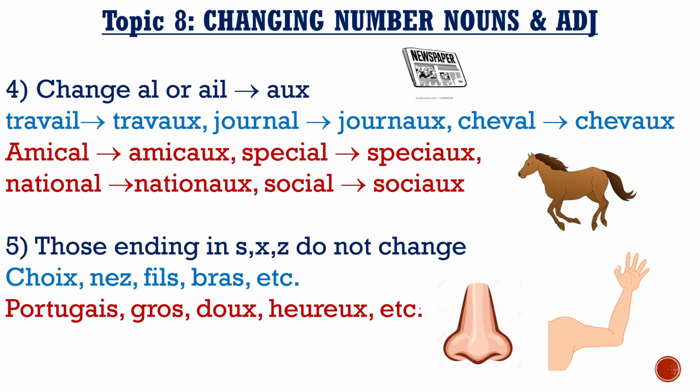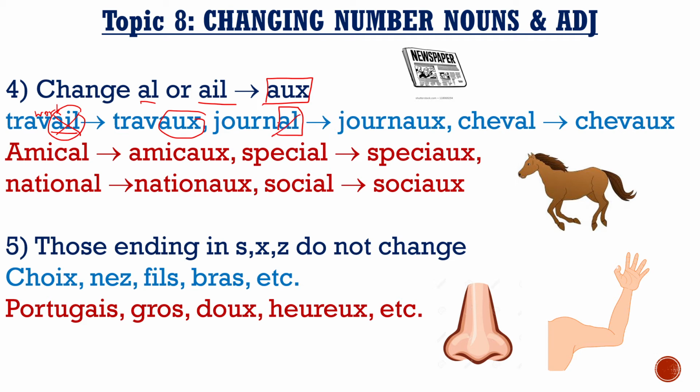Now, the next two rules, if the singular noun or adjective ends with AL or AIL, it has to convert into AUX in the plural. Okay, so travail, which is your work, ends with AIL has to change into AUX in the plural. So travail becomes travaux. Okay, journal, AL also, AL and AIL both.